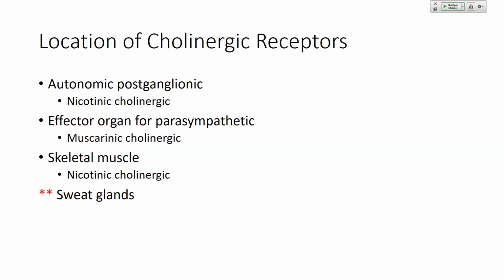Because they're slow. That's true, but that's not the reason we're looking for. So why do we not see a cholinergic receptor of any type, be it nicotinic or muscarinic, on the effector organs of the sympathetic division?